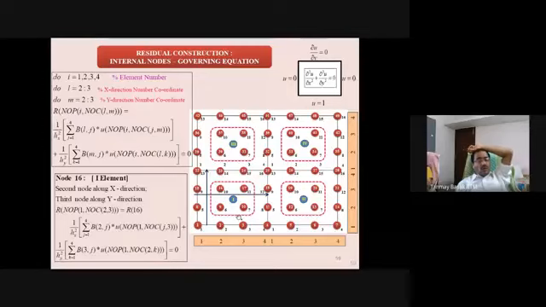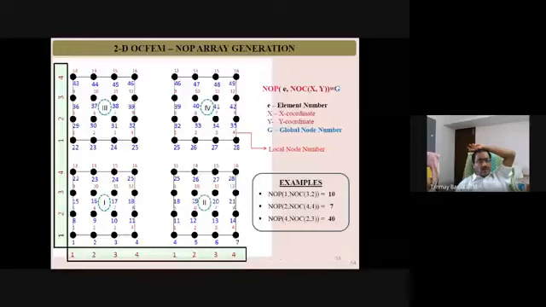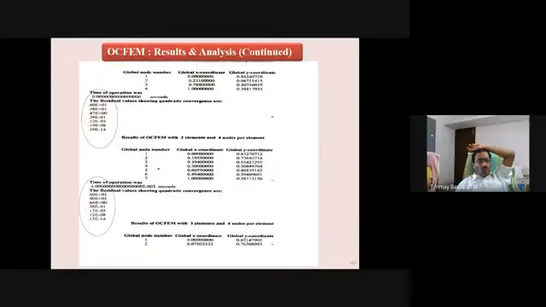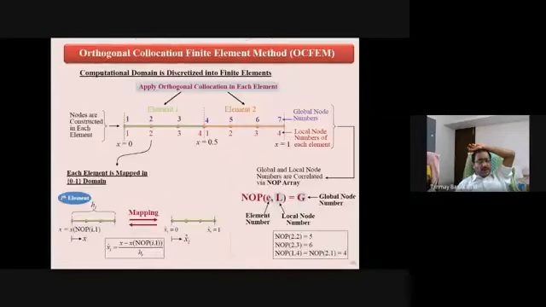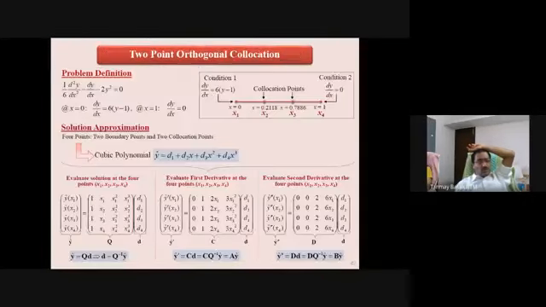Without node coordinates, it is really confusing. So we have the A matrix, and it is a 4 by 4 matrix. Let's go back to my A matrix. I'll go down to my orthogonal collocation slide. This is my A matrix, and let's see the A matrix construction.